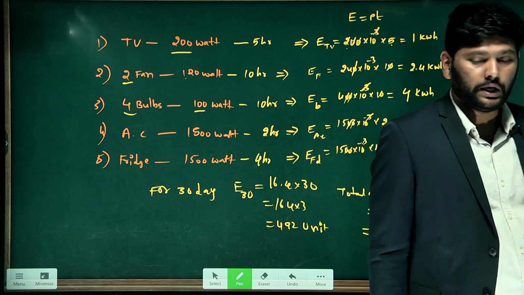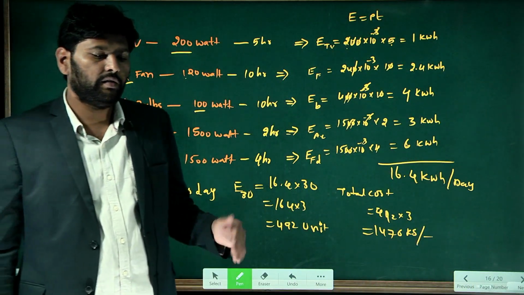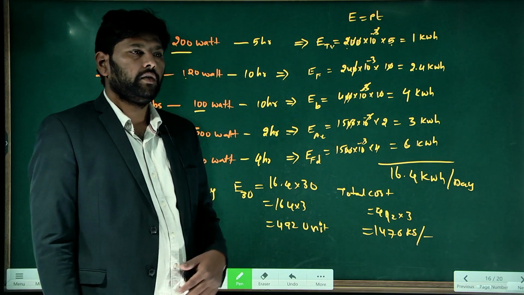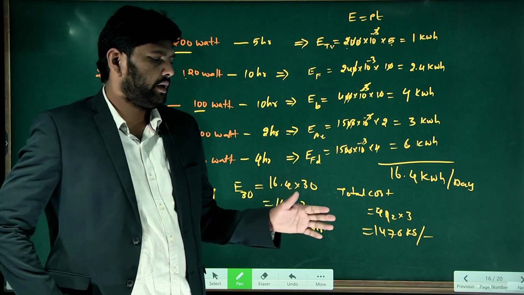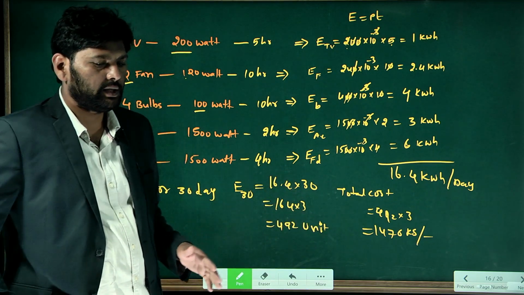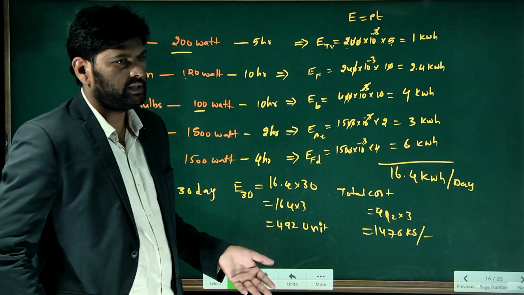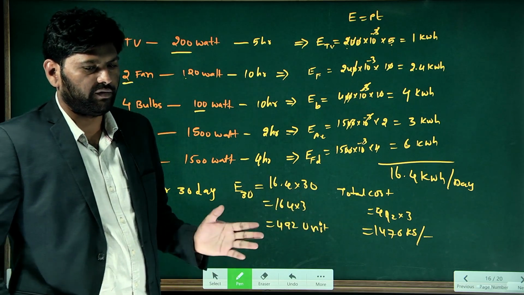I took 3 rupees, but generally the unit cost varies from place to place. In villages, the unit cost would be less. For economic purposes, the unit cost is different, and the household supply unit cost is different. In urban areas and rural areas, the unit cost would be different.